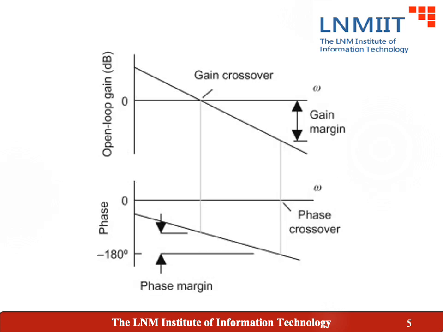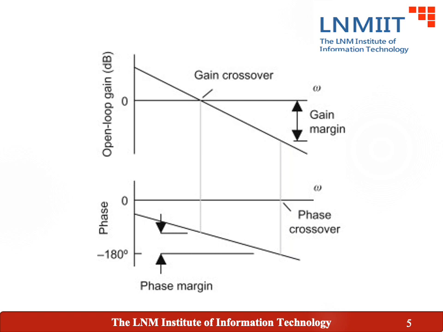This is the graph. In this graph, you can see that the gain crossover frequency is the frequency at which the magnitude of your system is 0 dB.